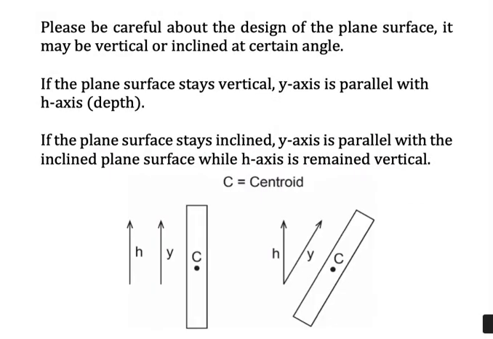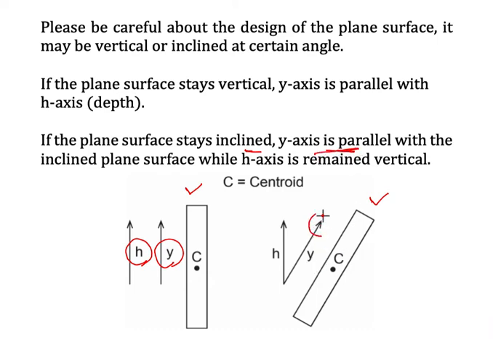Please be careful about the orientation of the plane surface. It may be vertical or inclined at a certain angle. If the plane surface stays vertical like this, the y-axis is parallel with the h-axis. However, if the plane surface is inclined like this one, the y-axis is parallel with the inclined surface.